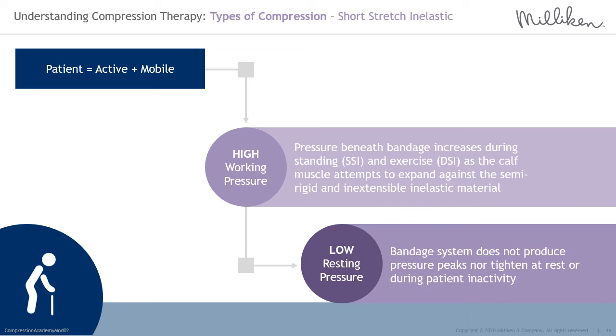Due to the low elasticity of the materials, short stretch generates good resistance to deliver high working pressures. These types of bandages do not produce peak pressures or tighten at rest or during patient inactivity, making them more comfortable for patients to wear, particularly at night.